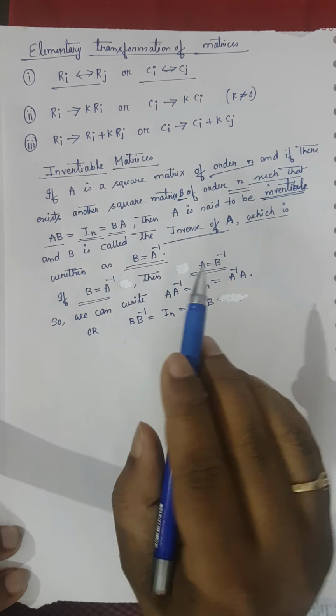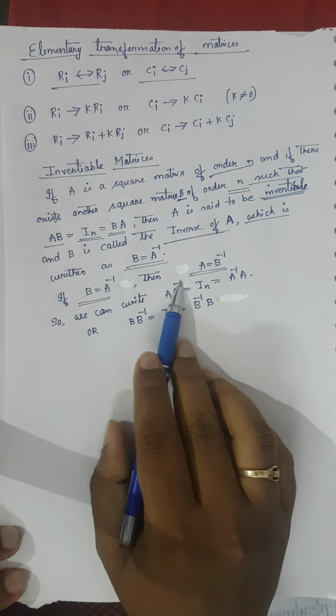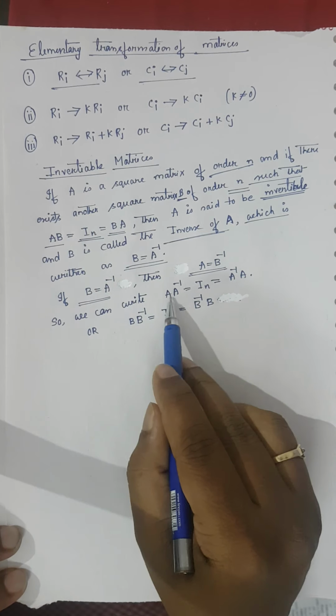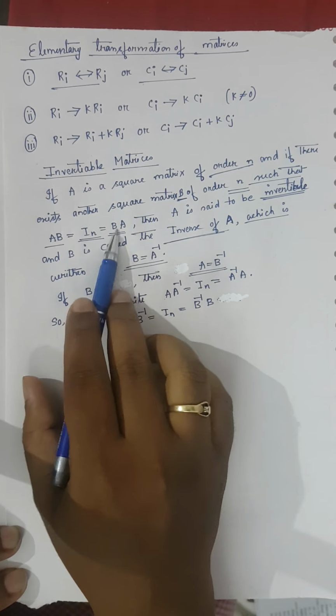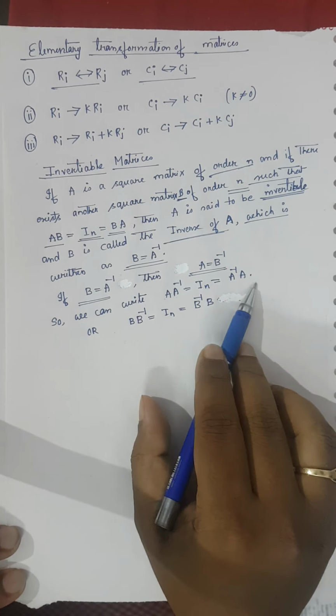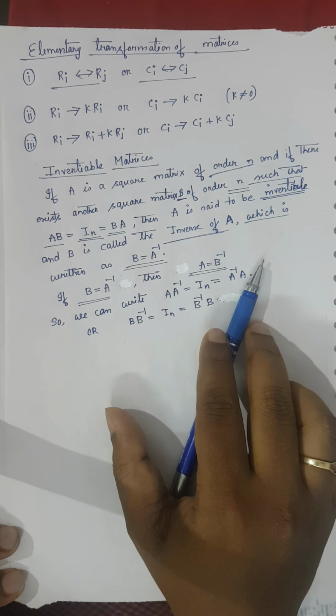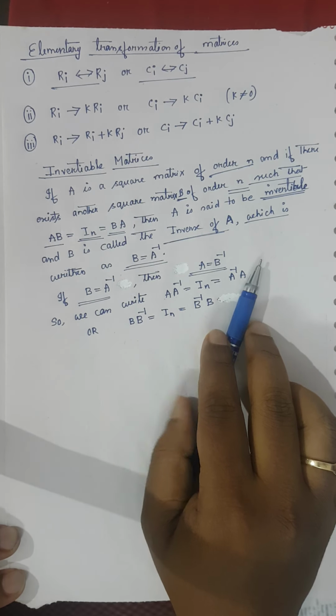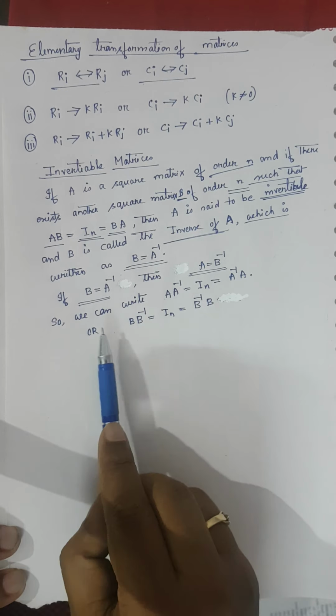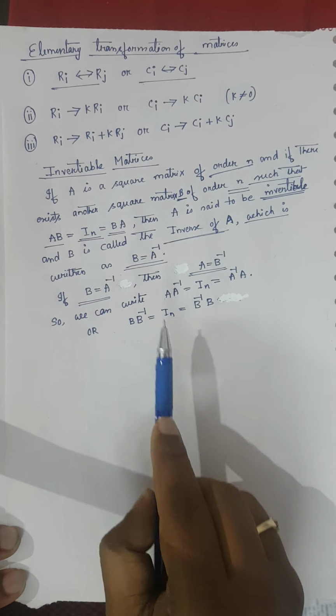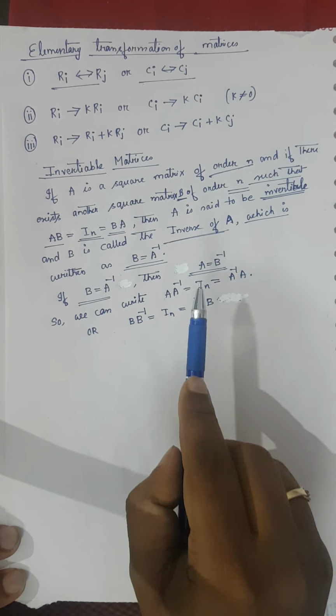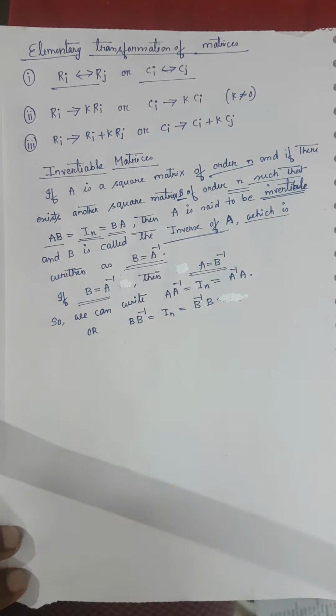So if I replace B by A inverse, I'll get A into A inverse is equal to In is equal to A inverse into A. That is, when I multiply a matrix by its inverse matrix, we get the identity matrix. Similarly, B into B inverse is equal to In is equal to B inverse into B.